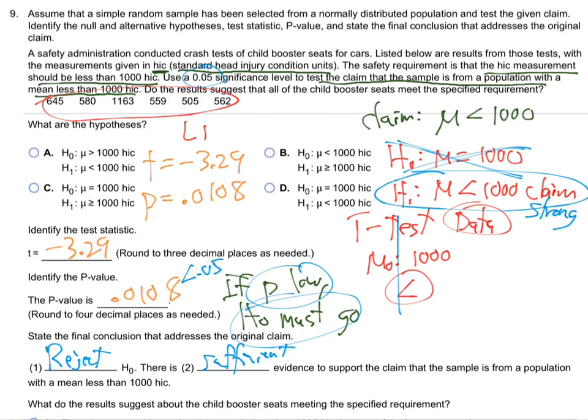We conclude they're less than 1,000, which is what they said was safe. But one of the seats was higher than 1,000. Oh, they did? Yeah. The safety requirement says that it should be less than 1,000, but there's one that is over.